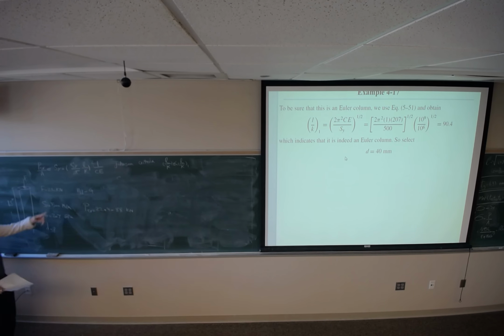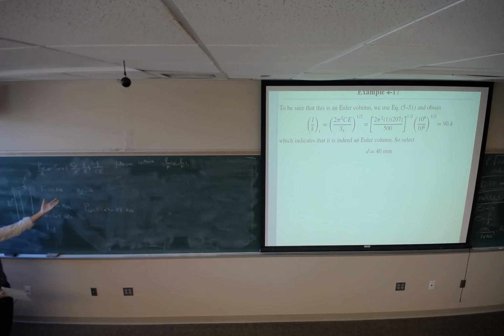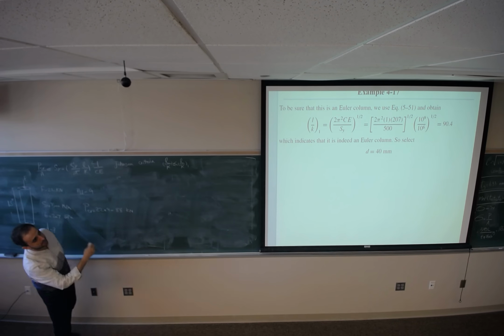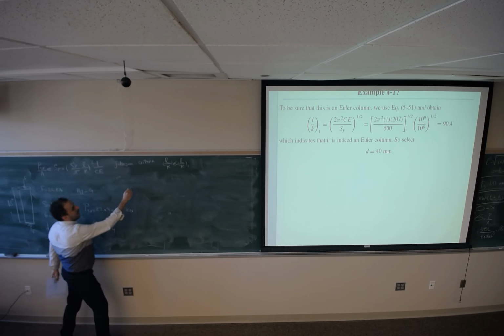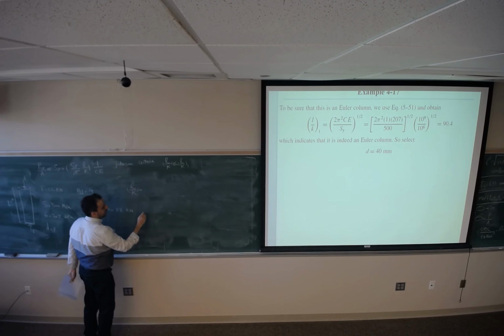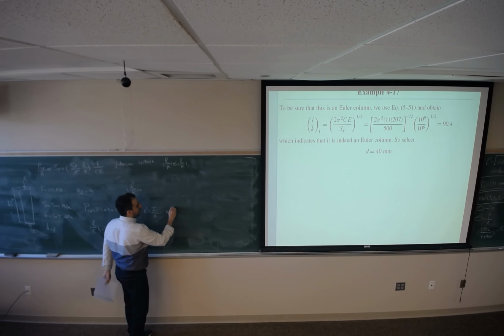L over K1. It's a pin, so C is 1, pi squared, E and SY are given. L over K1 is going to be 90.4. Find L over K. It's a circular cross section, so K squared would be I divided by A, pi d power 4 over 64 divided by pi d squared over 4.